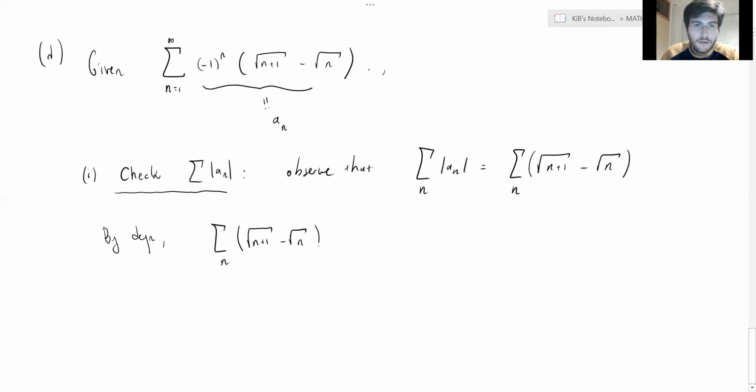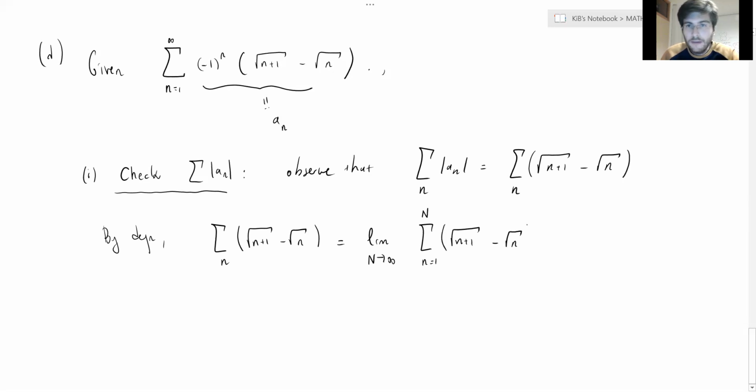So this is something like this: the limit as capital N approaches infinity. Just consider the finite sum and look at its limit, like last time.